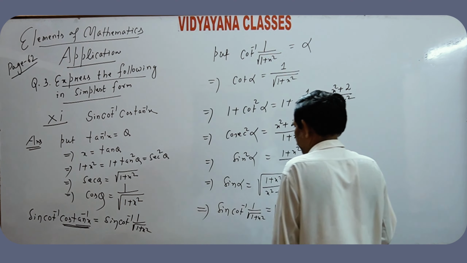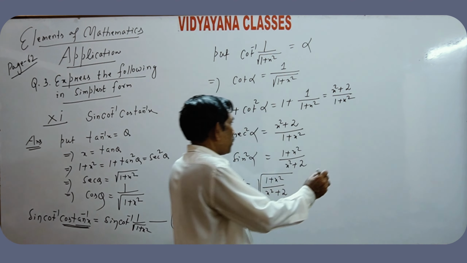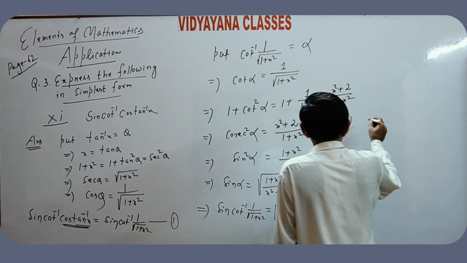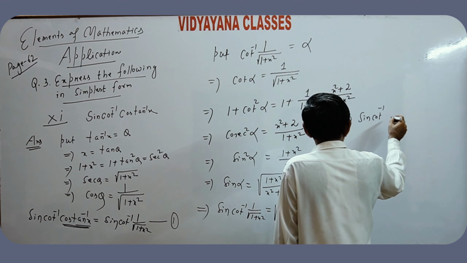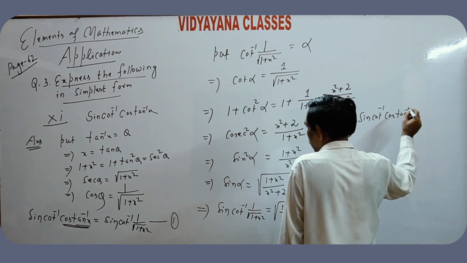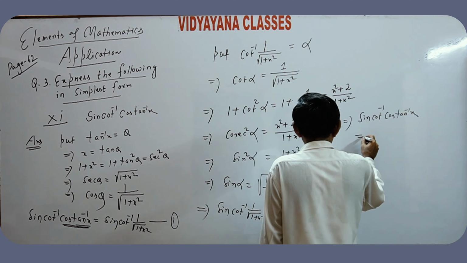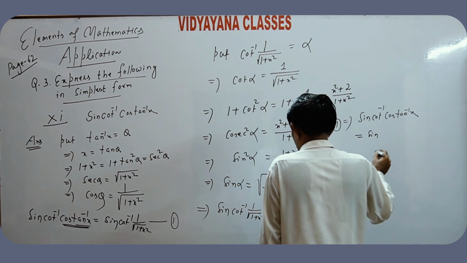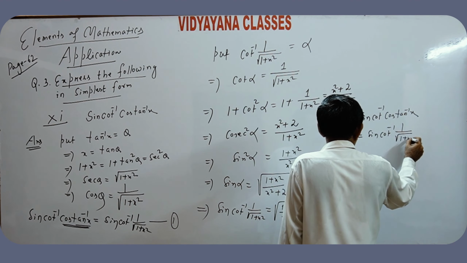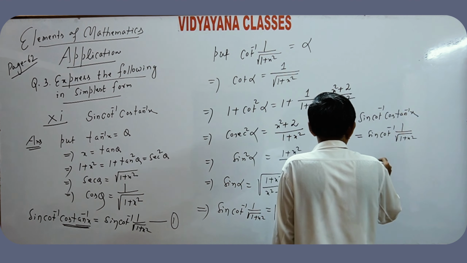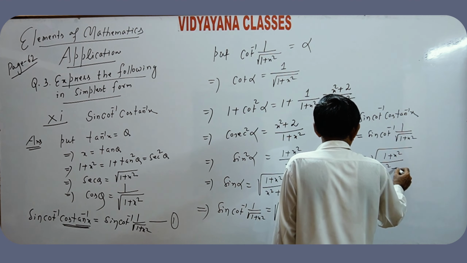Therefore, suppose this is 1, it implies that sin cot inverse cos tan inverse x is equal to sin cot inverse 1 divided by square root of 1 plus x square, which is the same as square root of 1 plus x square divided by x square plus 2.